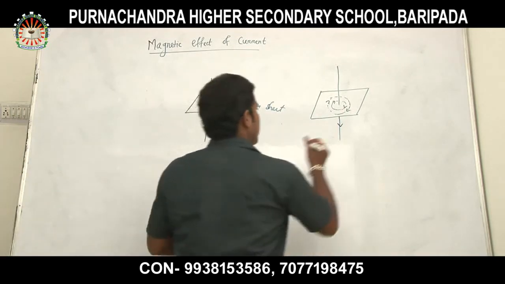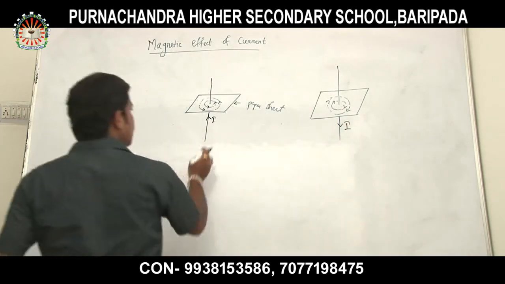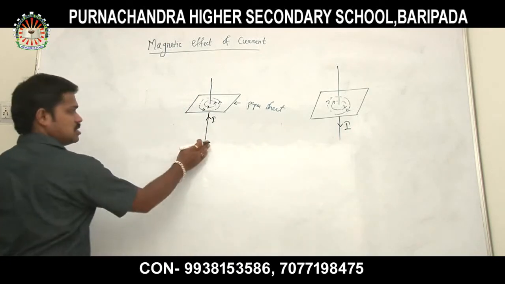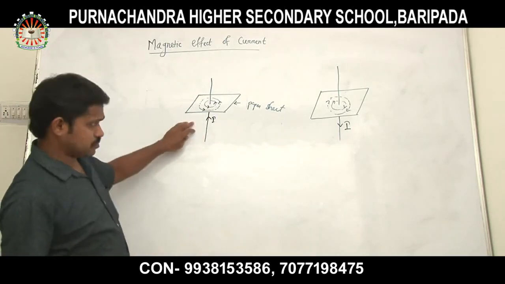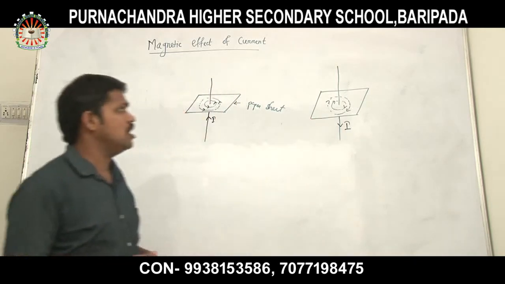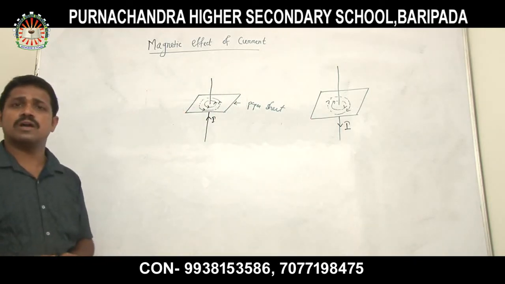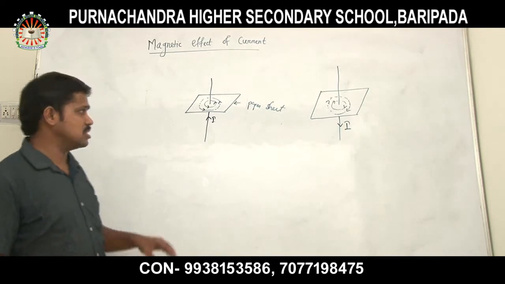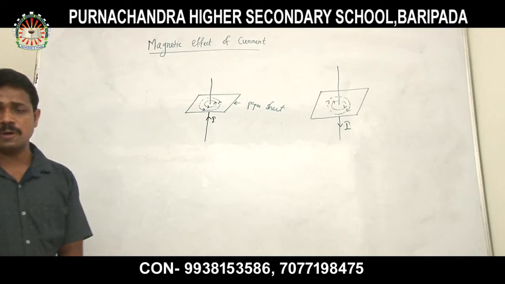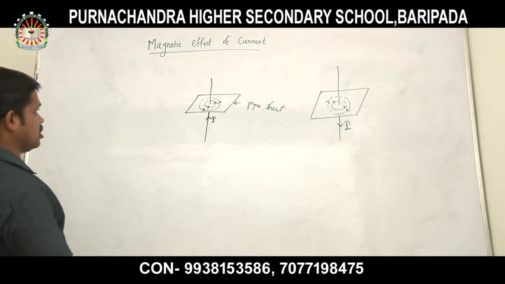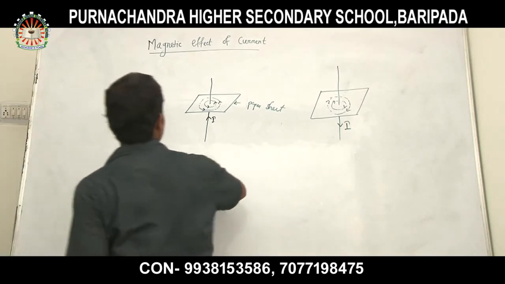When the current is flowing downward, it is clockwise or anti-clockwise, either way you can remember. This is the pattern of your magnetic field. So this is the effect of a current carrying conductor on the magnetic field. Understood?